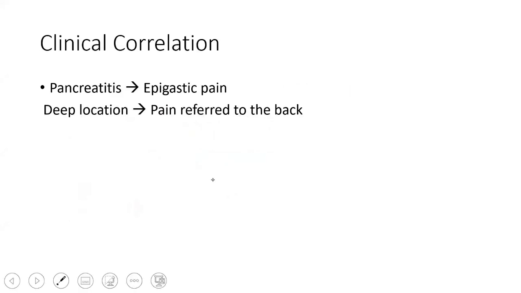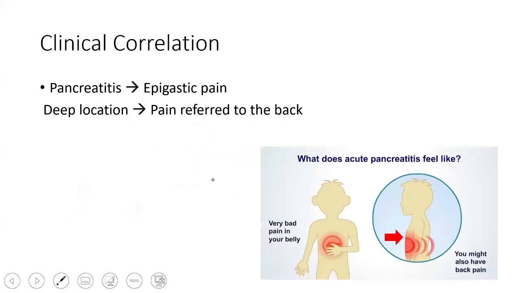So if we look at another clinical correlation in pancreatitis, the pain is referred to the epigastric region, T7 to T10 region. Here you have the epigastric pain, and because it's located deep, just anterior to the vertebral column, it's a retroperitoneal structure behind the peritoneum, and it compresses the spinal nerves there, and so the pain can be referred to the back.